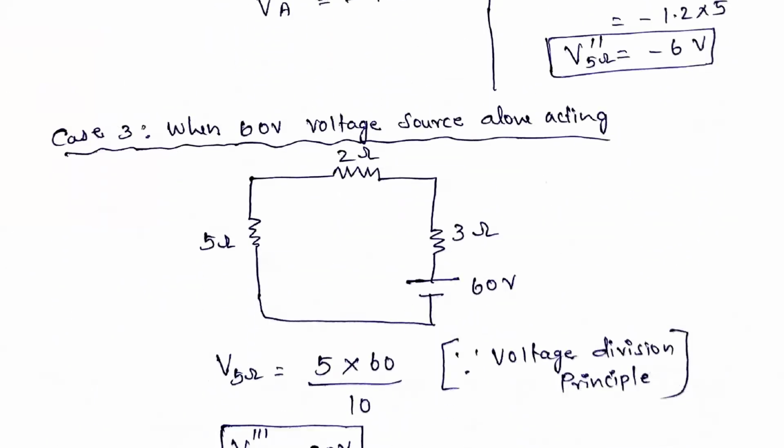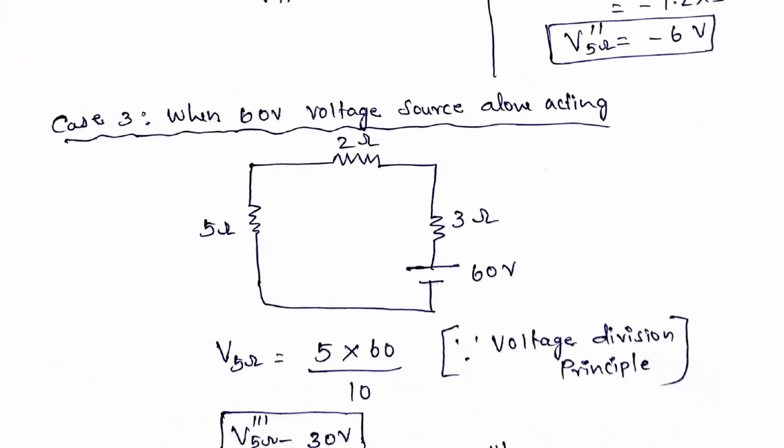Now the voltage across this 5 ohms is very easy using the voltage division principle. What does the voltage division principle say? If you want to find the voltage across a particular resistance, it is that particular resistance divided by the total resistance.